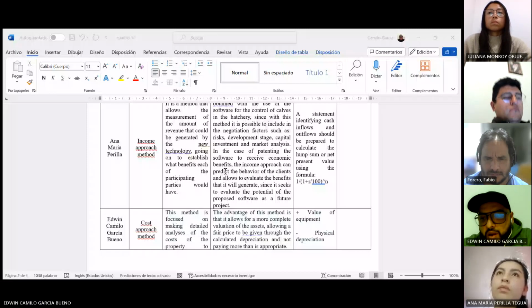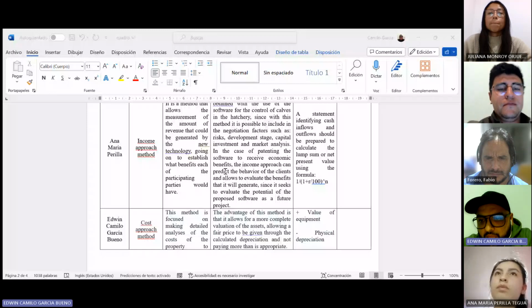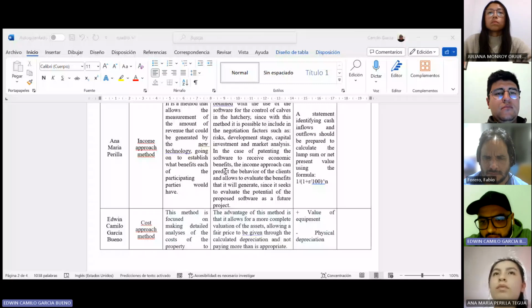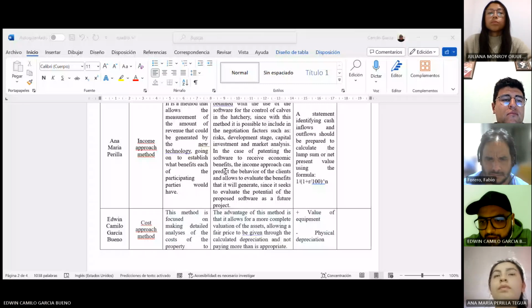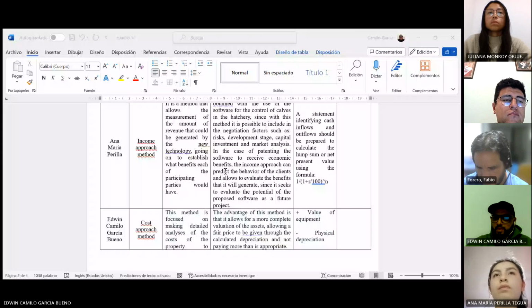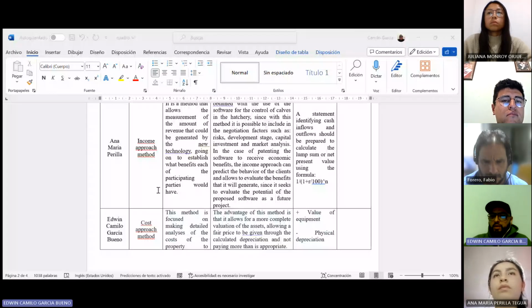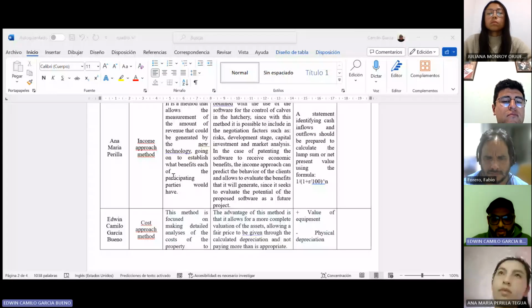Mathematical formula: value of equipment, less physical depreciation, less functional decrease in value, equals total fair market value. Value in Colombian currency: not applicable.